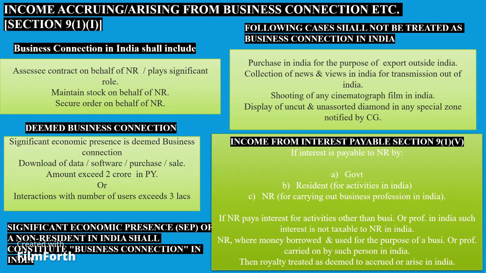Students note here: it shall include income from advertisement targeting customers residing in India or accessing advertisement through IPA, that is, Internet Protocol address, located in India. Sale of data collected from persons residing in India or using IPA located in India. Sale of goods and services using data collected from persons residing in India or using IPA located in India.